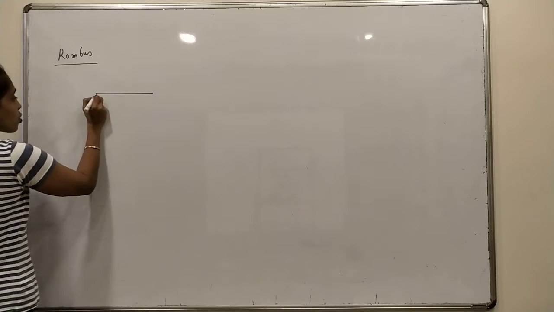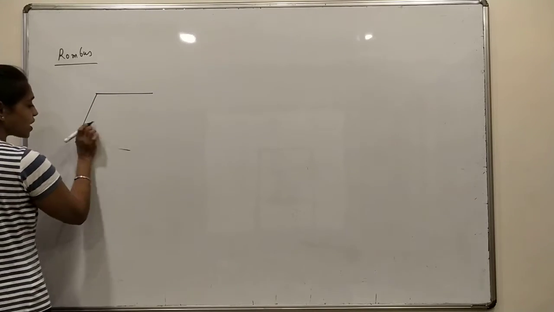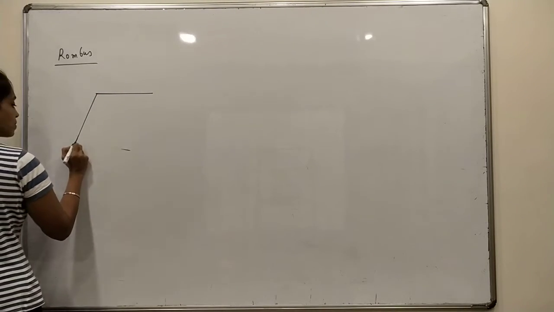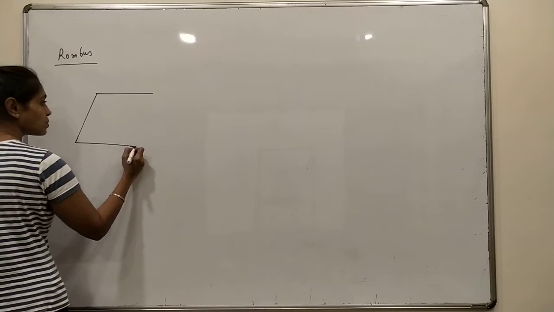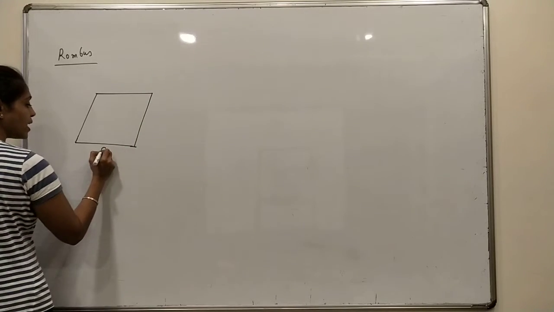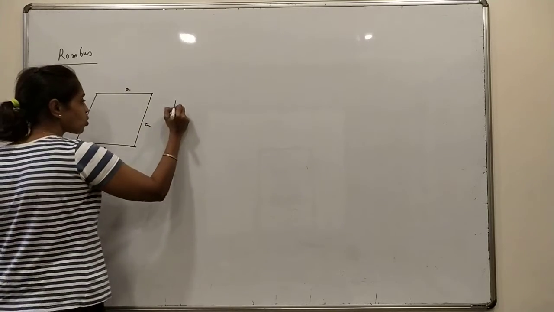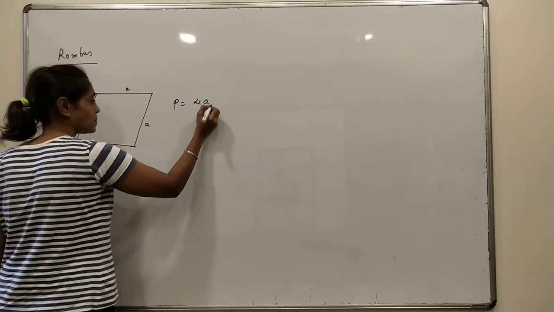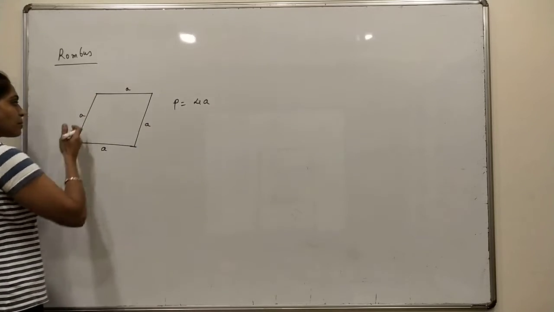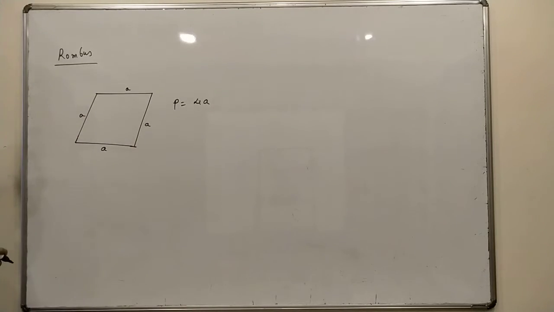Rhombus means all the four sides are same. All the four sides are same, a. So the rhombus perimeter is 4a. A plus a plus a plus a is 4a, right?